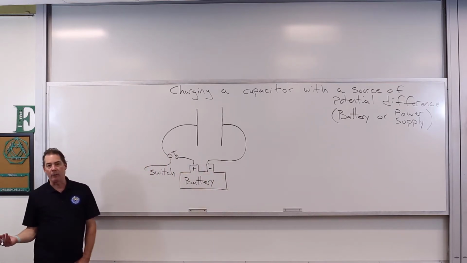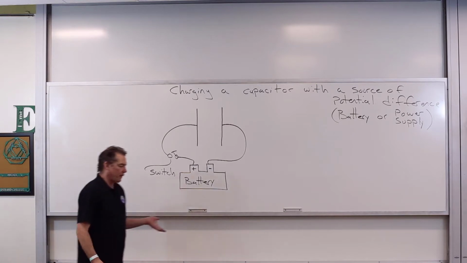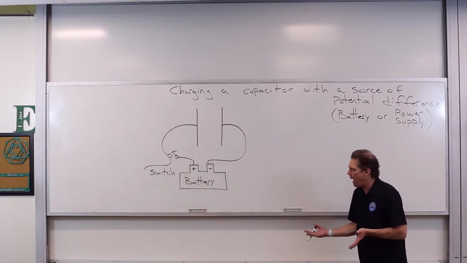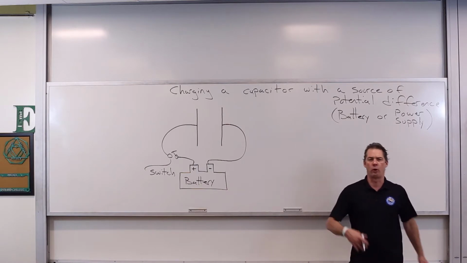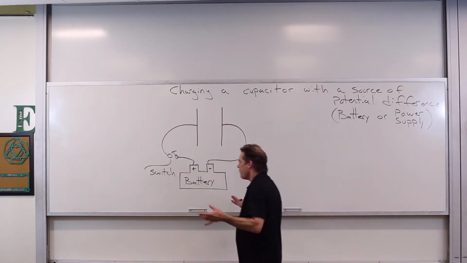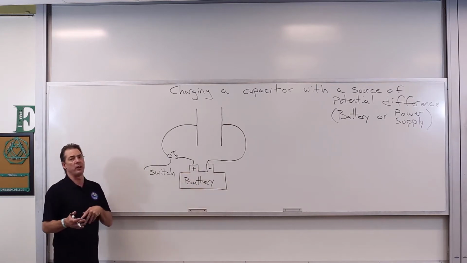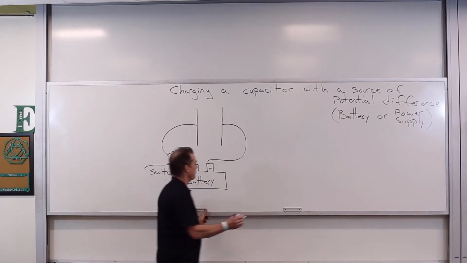And we note that the battery is generally denoted to have some sort of voltage: 1.5 volts, 6 volts, 12 volts, 24 volts, some number of volts. And that voltage is the potential difference across the terminals of the battery.